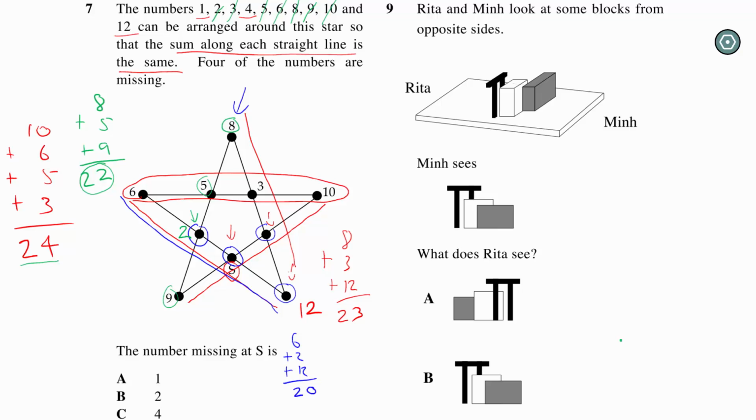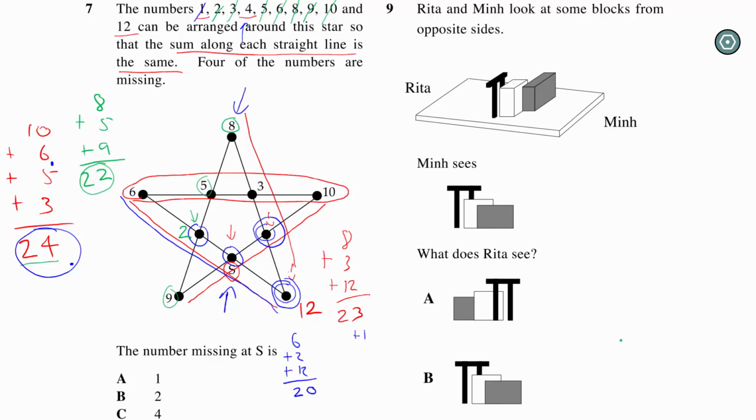So if I use this line here, the red one that I just drew in, and I place 12 at the bottom, then this number here will have to be 23 plus 1, as it needs to equal 24. So this number here should equal 1, so we'll cross that out, which means the remaining number, S, should equal 4.